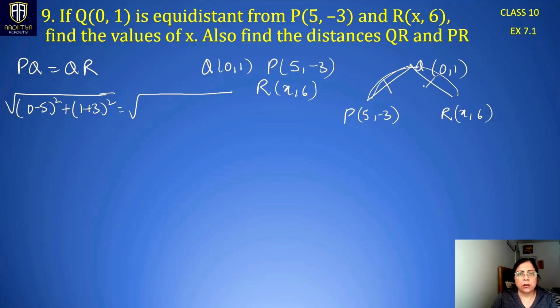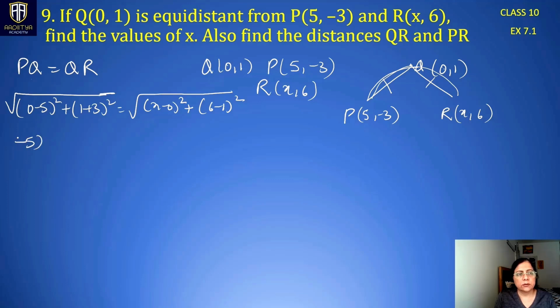Then we have QR. x minus 0 added to 6 minus 1 whole square. So in this case also you can see that we have square root on both the sides. The whole left hand side and right hand side are under the roots. So we can square both the sides or remove the square root on both the sides.